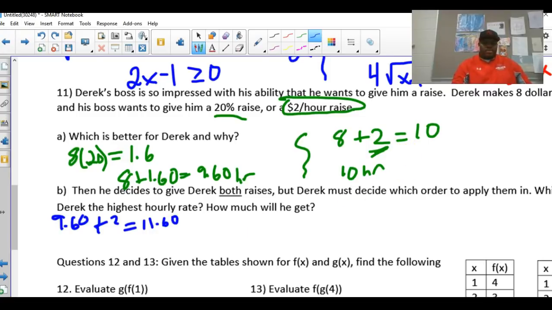Let's say this way he got the $2 an hour first. So now you're making $10 an hour. All right, but now you're going to apply a 20% increase to that, which is $2 more. 20% of 10, guys, is $2 more.